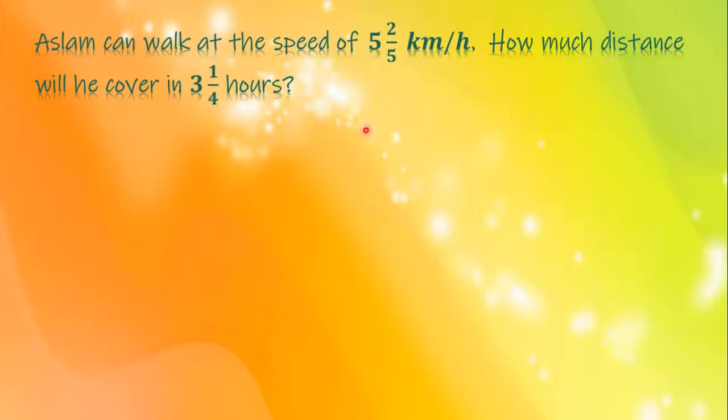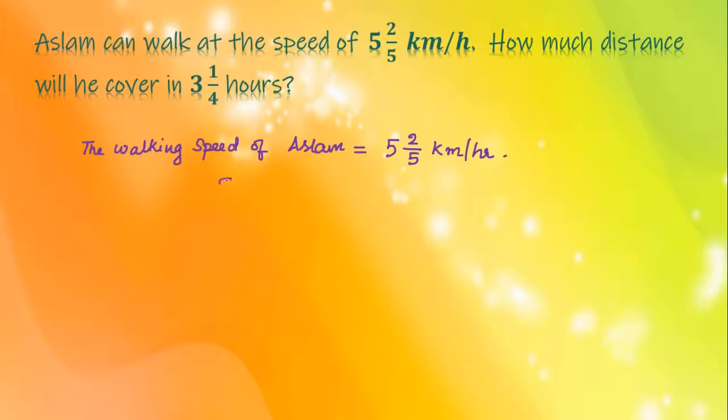Let's write the things given in the question. The walking speed of Aslam equal to 2/5 km per hour. And the time is also given. Time is equal to 1/4 hours. We have to find the distance covered by Aslam in 1/4 hours.